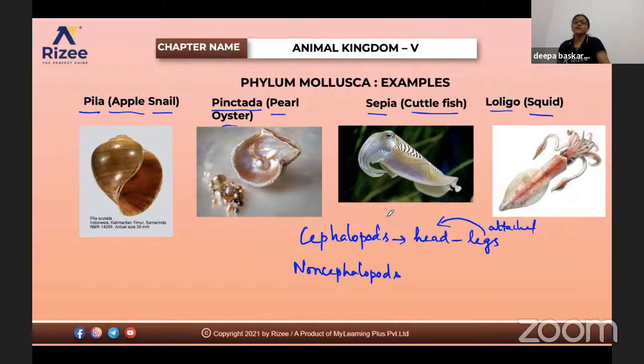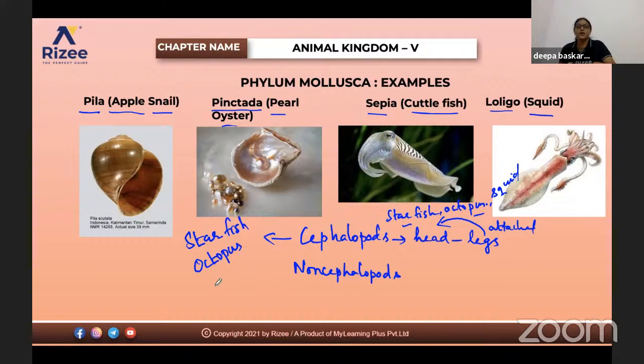So if you see octopus, and even squid, these are the important organisms you should remember that come under cephalopods, which have legs attached to the head.